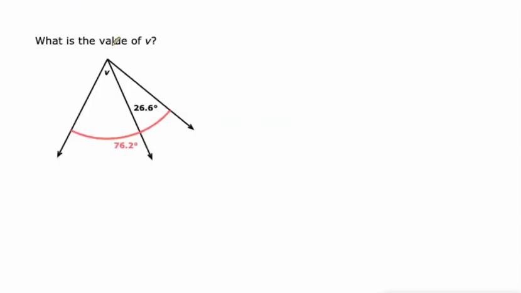Now these are adjacent angles. They share a vertex and a side. What we're told is that their sum is 76.2. So we've got the 26.6 degree angle plus angle V, and together they equal 76.2.